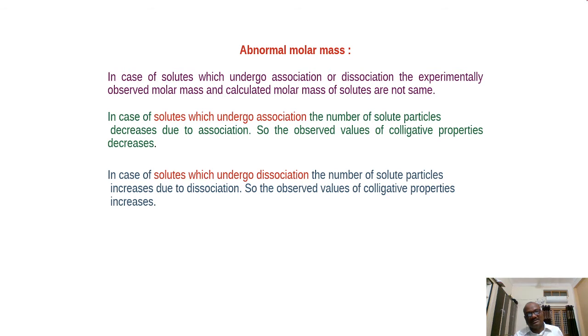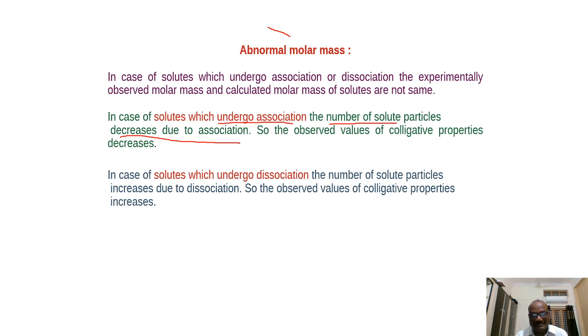These situations we see in the case of solutes which undergo association or dissociation. What happens to a solute which undergoes association? The number of solute particles decreases due to association. You see acetic acid is forming the dimer, meaning two molecules gather together to form one particle.